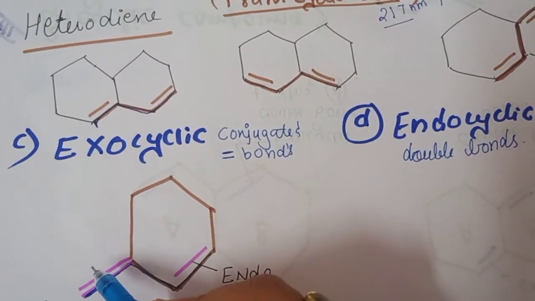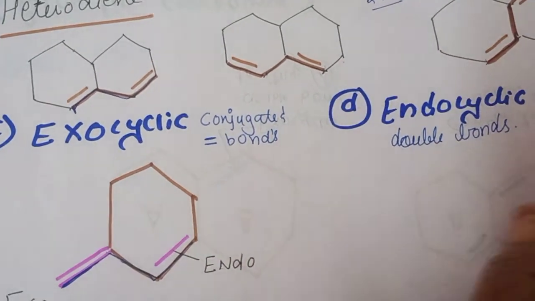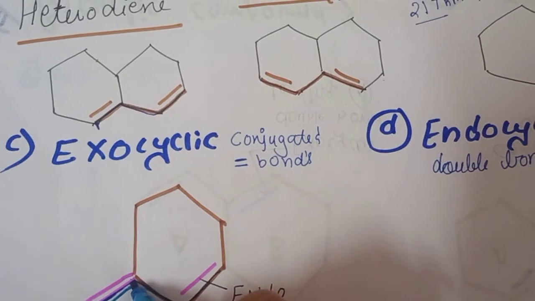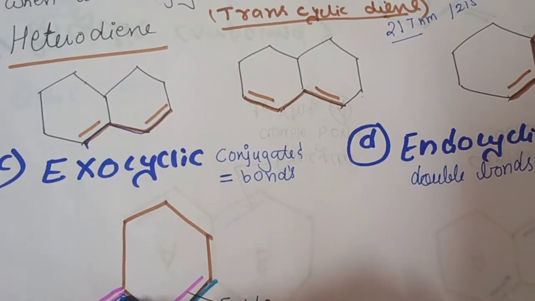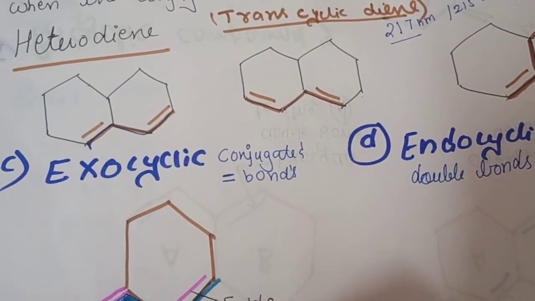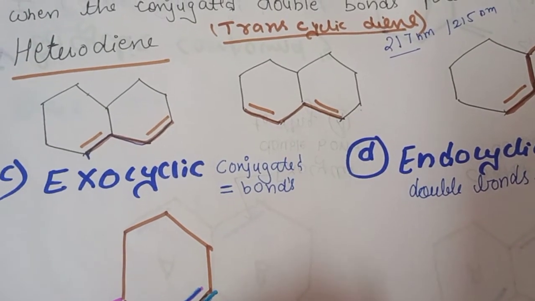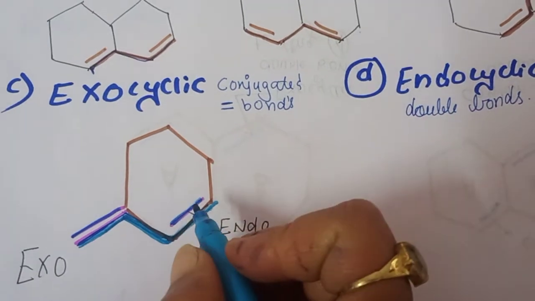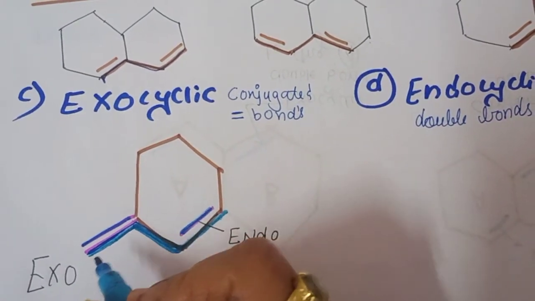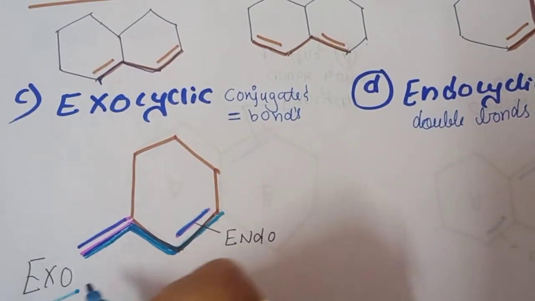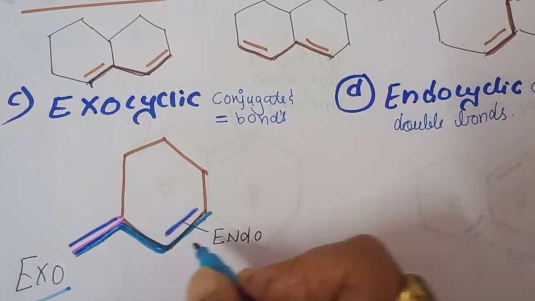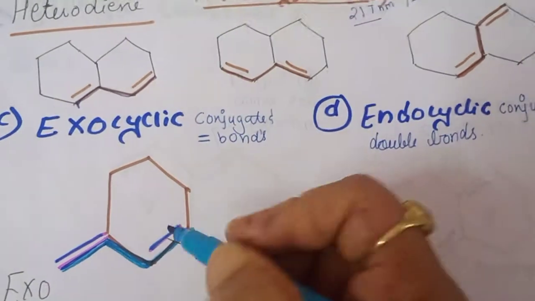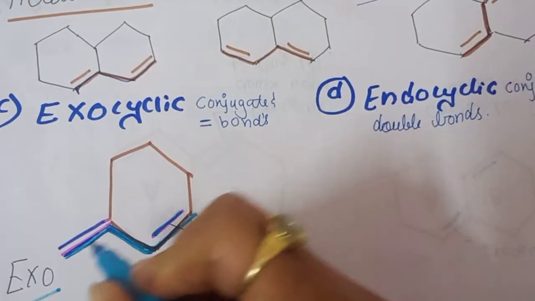So you have to see this part, and it looks like trans butadiene. First we see this is a type of butadiene only, the basic unit is butadiene, and one bond is inside and the other is outside. The outside bond is termed the exocyclic double bond and the inside is known as the endocyclic double bond. The details we will see here. One bond is inside, the other is outside.